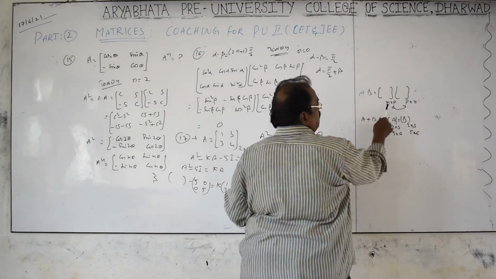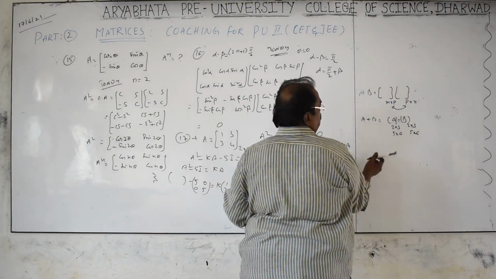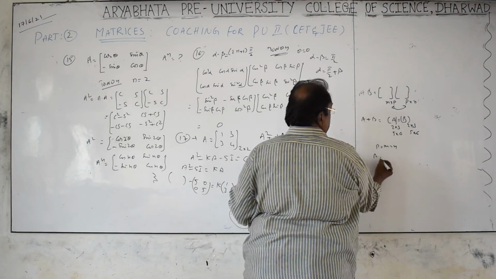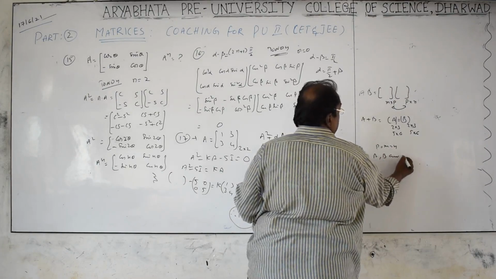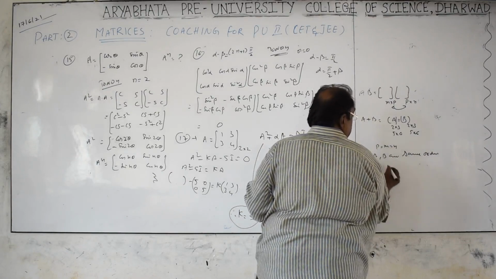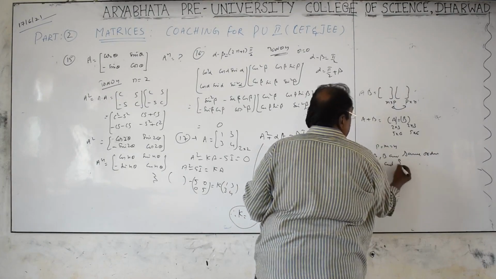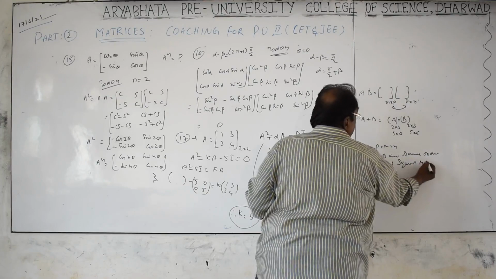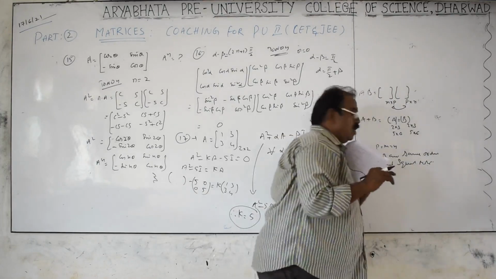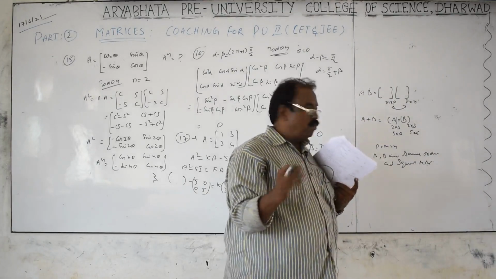So P is equal to M is equal to N. That means A and B are of the same order and square matrices, like 5 by 5, 6 by 6, 2 by 2, 3 by 3.